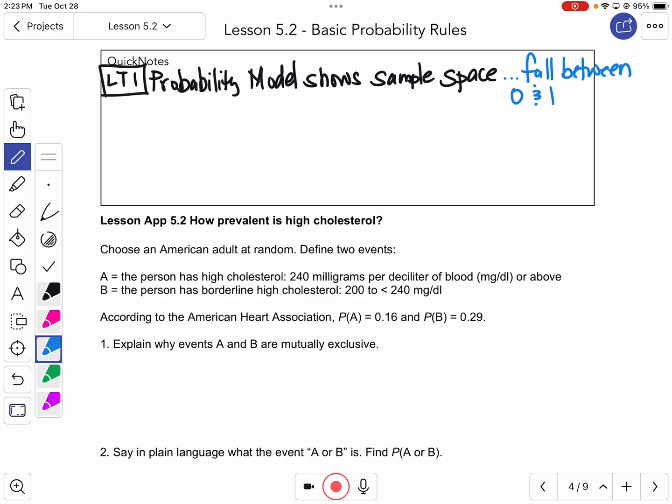So if I know all the different probabilities for something, they should add up to 1. That's an important thing. Probabilities must add up to 1, and we're going to use that to help us do some stuff.